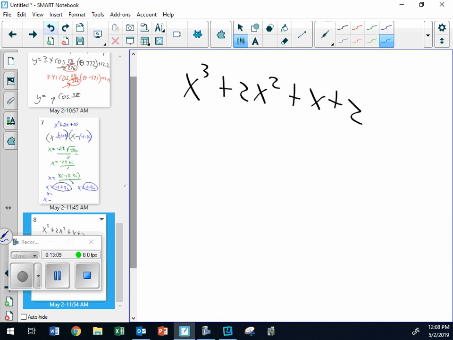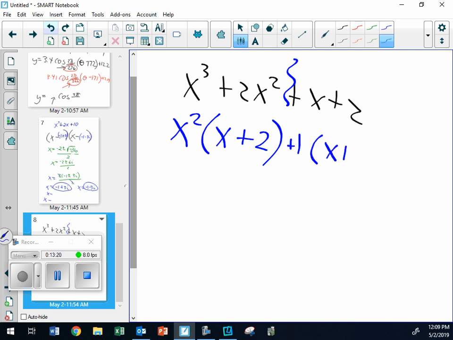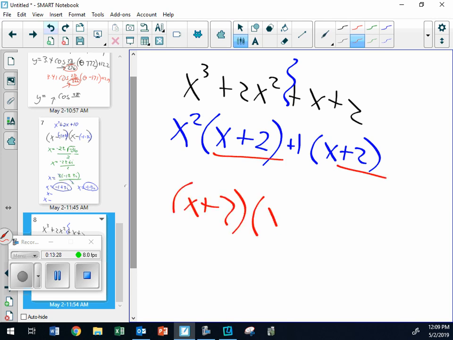Sometimes these do, and sometimes these don't. But some people know this way of factoring. x squared comes out, x plus 2. 1 comes out, x plus 2. Do you remember this deal where these two then can factor out to the front? And if you don't know this way of factoring, don't try to learn it now. I would just do long division.